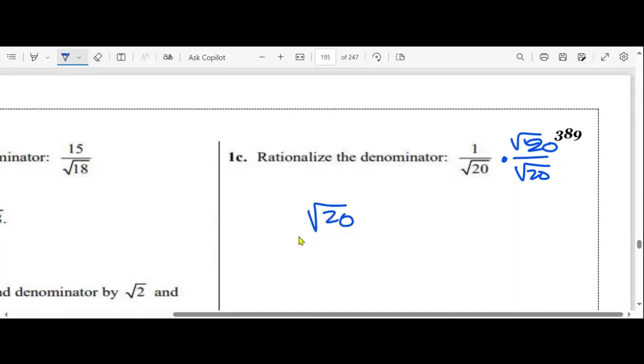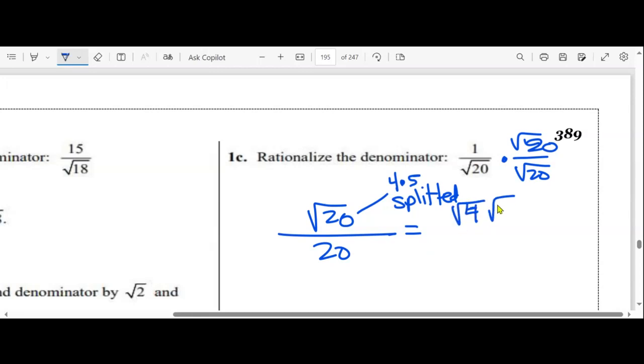So we have square root of 20 over 20. 20 is 4 times 5, so you have to split it. When you split it, what do you get? Square root of 4 times square root of 5 over 20, so you get 2 square root of 5 over 20.